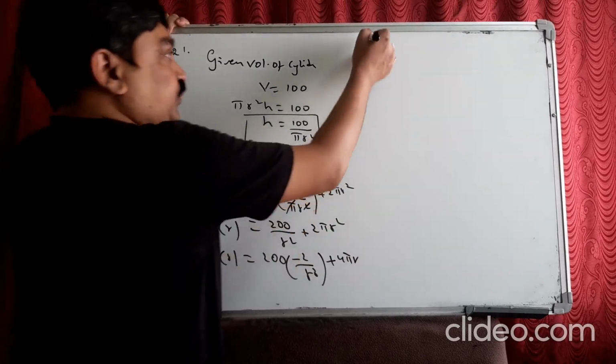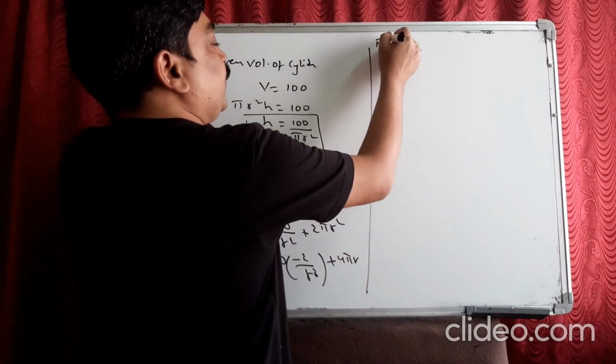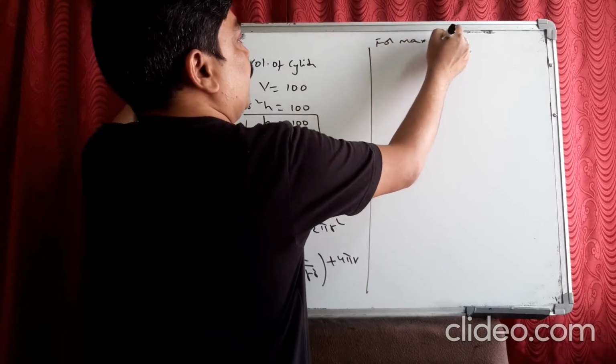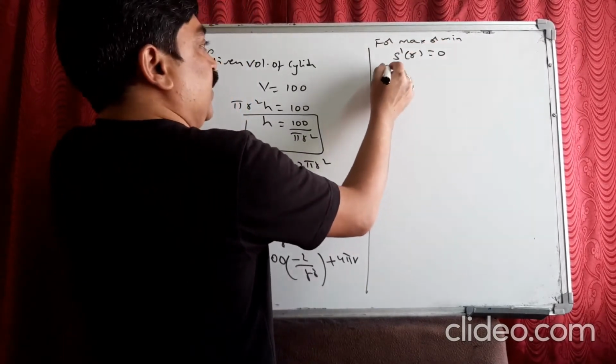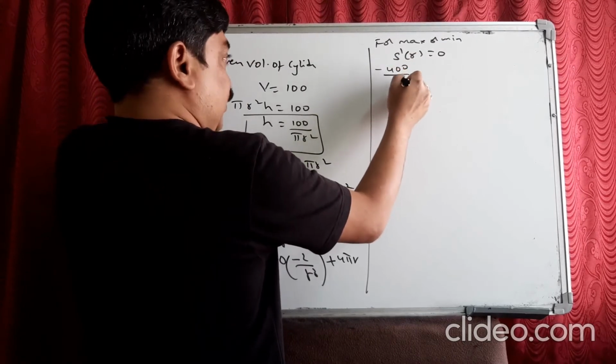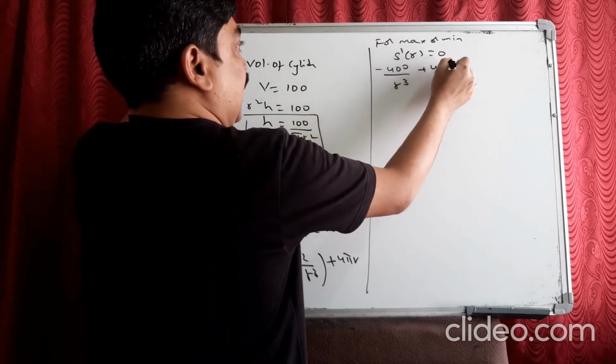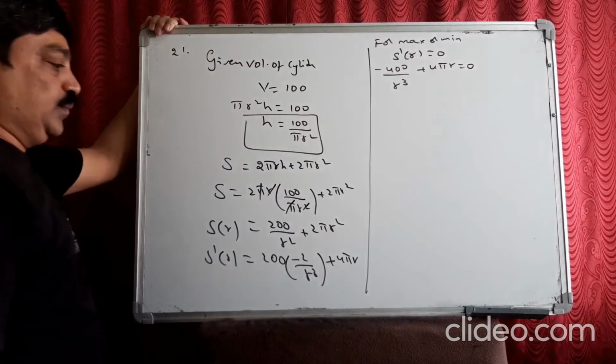What we know for maximum or minimum? For maximum or minimum, S dash of r is equal to 0. It becomes minus 400 by r cube plus 4 pi r is equal to 0.